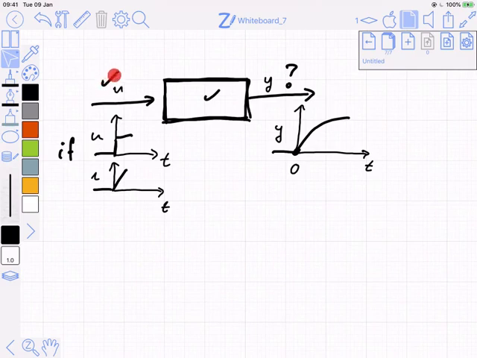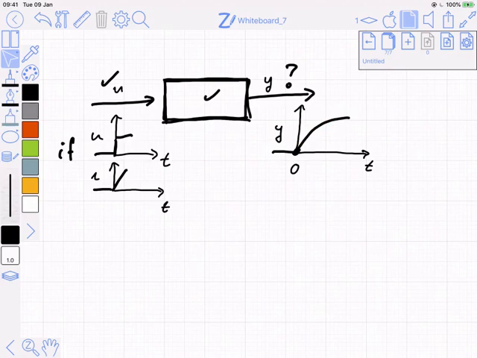What I expect that to mean is that I have some function of time that describes the behavior of the input signal as it changes over time. And every time I draw a curve like this, I imply that we started off at some initial steady state, and the output then underwent a change from that initial steady state over time and reached perhaps a new steady state.